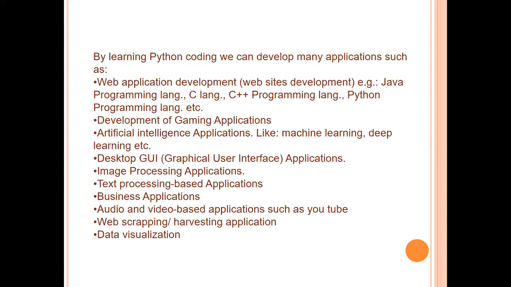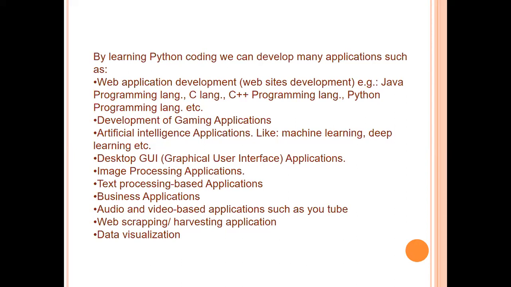We all know what a web application is. That is website development. For example, Java, C, C++, Python, etc. So with the help of coding, we can develop many applications.